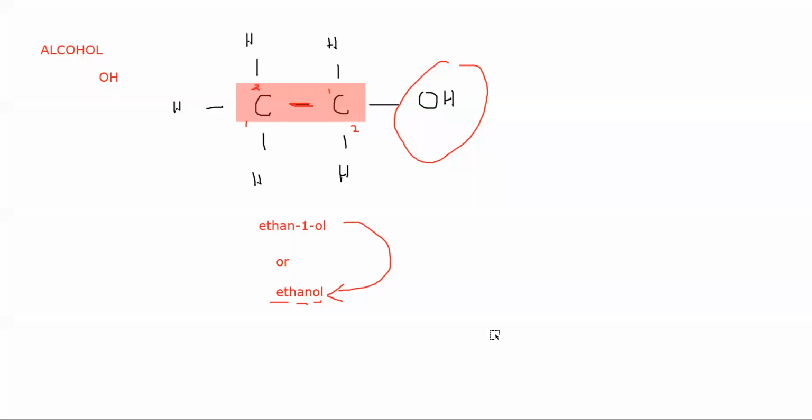In the same way, if we have three carbon atoms and OH is attached to the second carbon. So basically you are selecting a carbon chain.